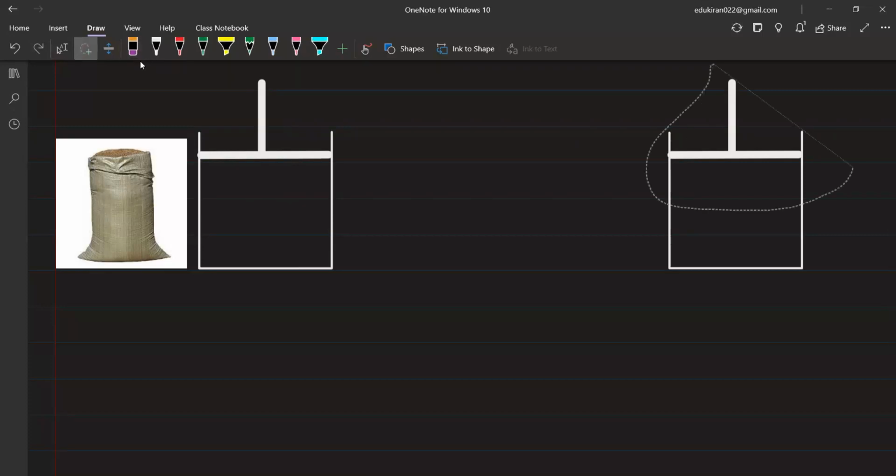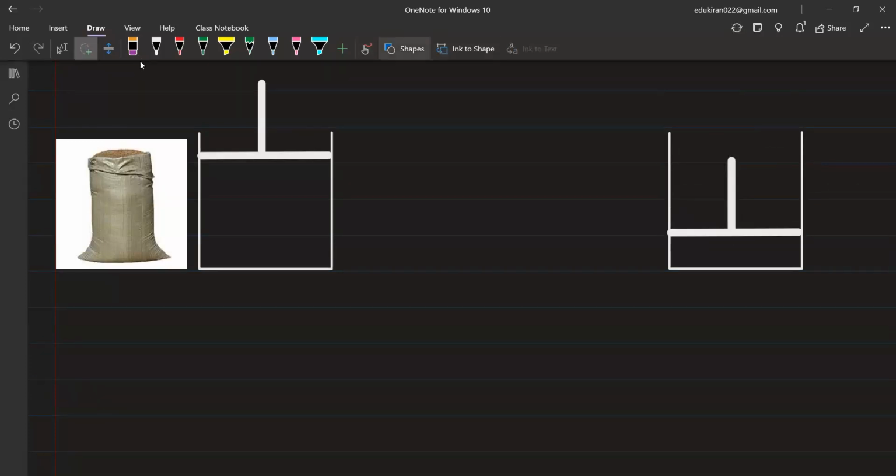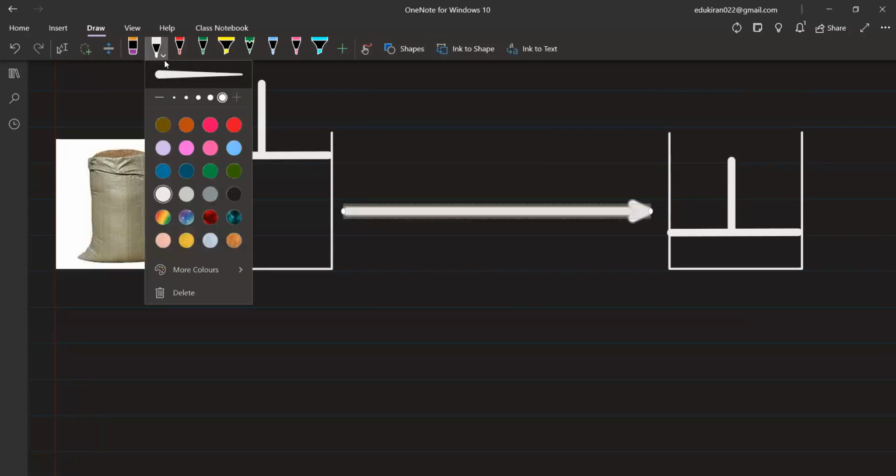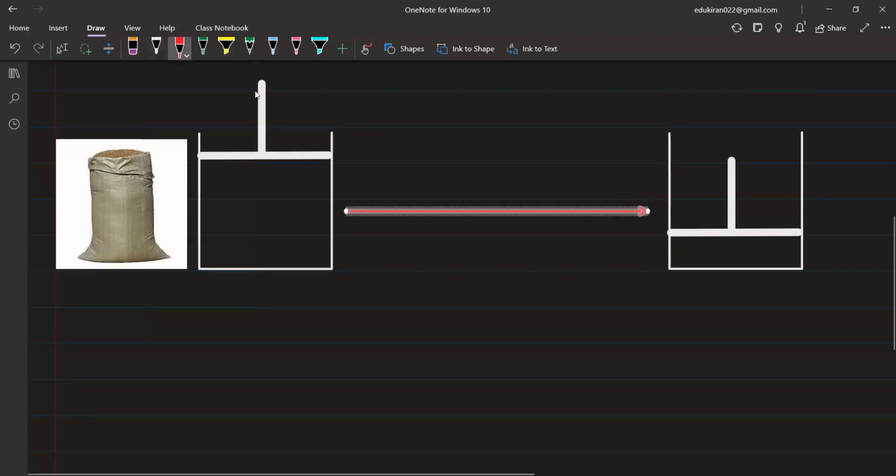Obviously, it is going to go down. Yes or no? Right? If I dump it down, these sand particles will be pushing the piston down, and you will be having sand particles here.